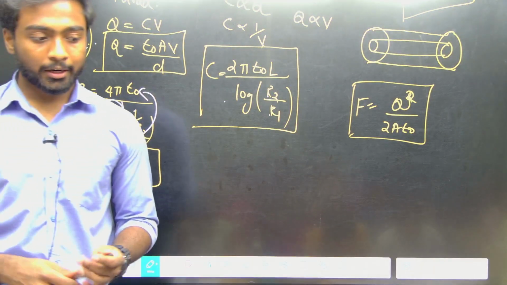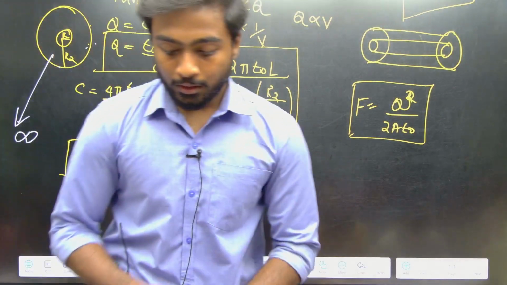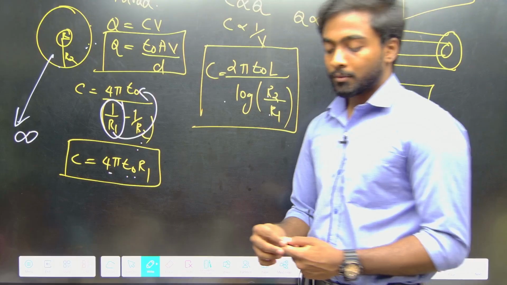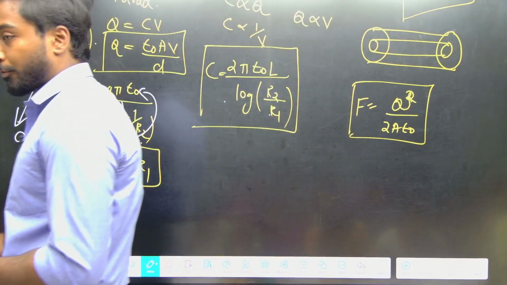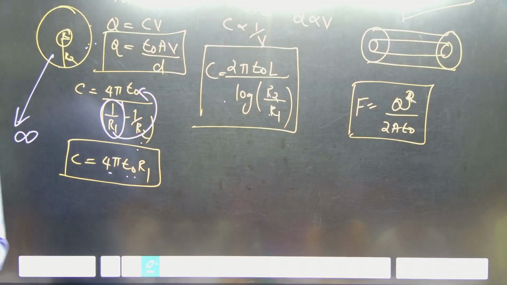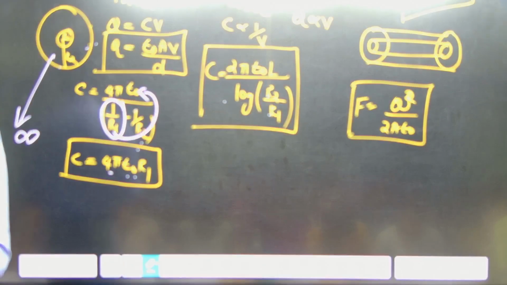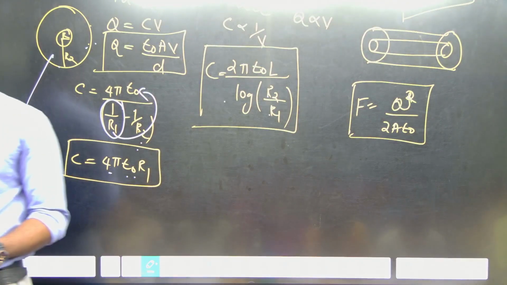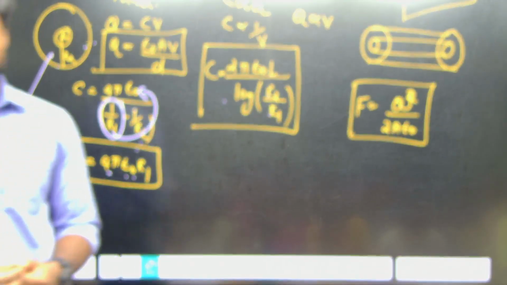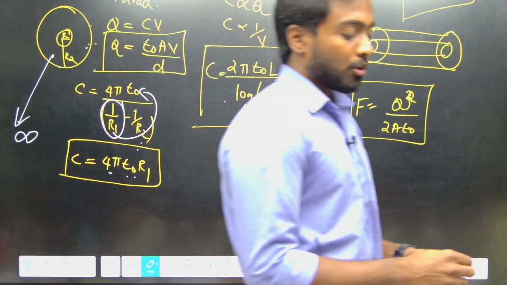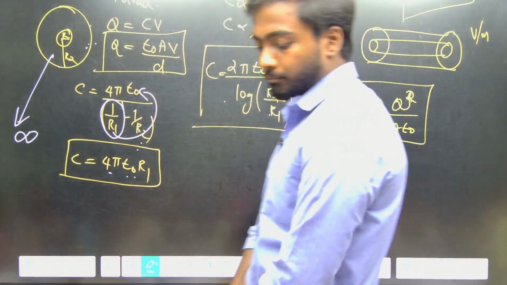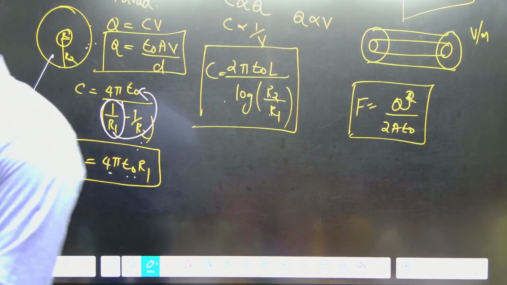Now there is a question. Write down. A parallel plate capacitor has an electric field of 10 power 6 volt per meter between the plates.